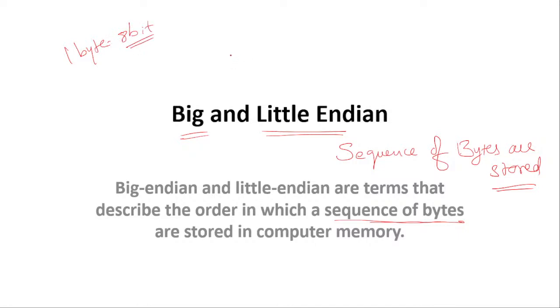So here, the sequence of bytes, and in 8 bit, how do we represent it in hexadecimal? Suppose 4A, that is 01001010.